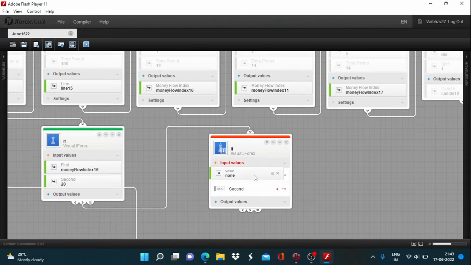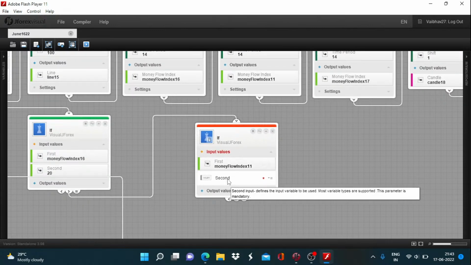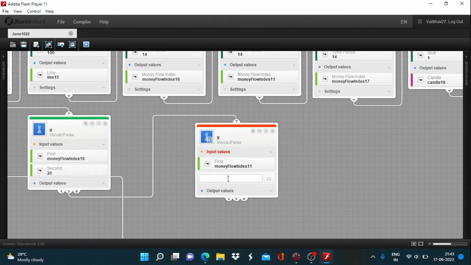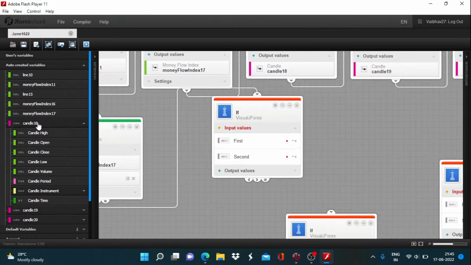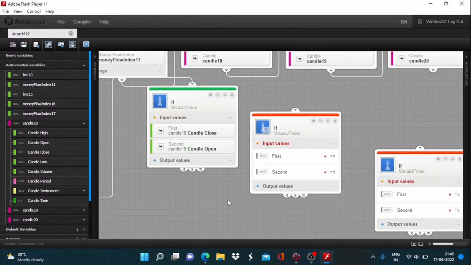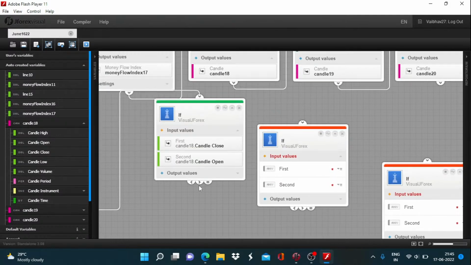So money flow index 11 needs to have been below 20, and here we need first input to be greater than second input.